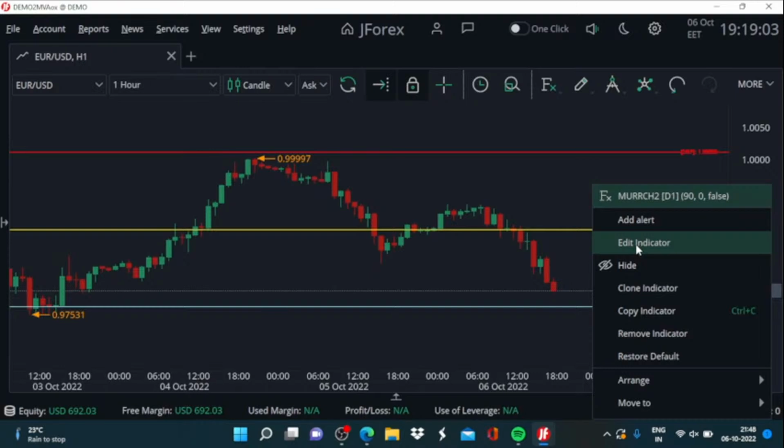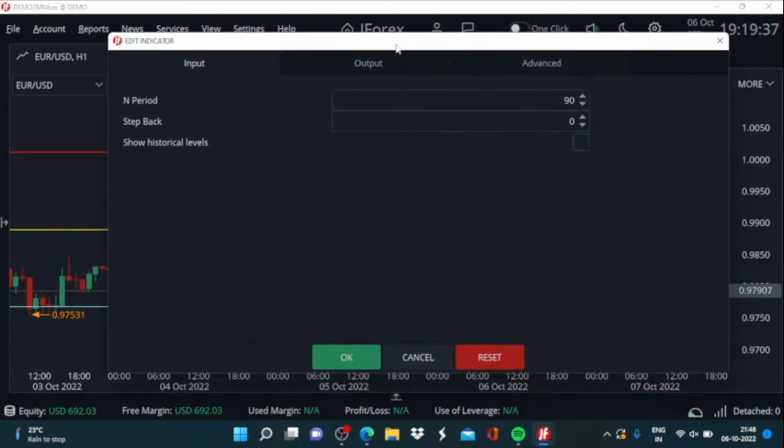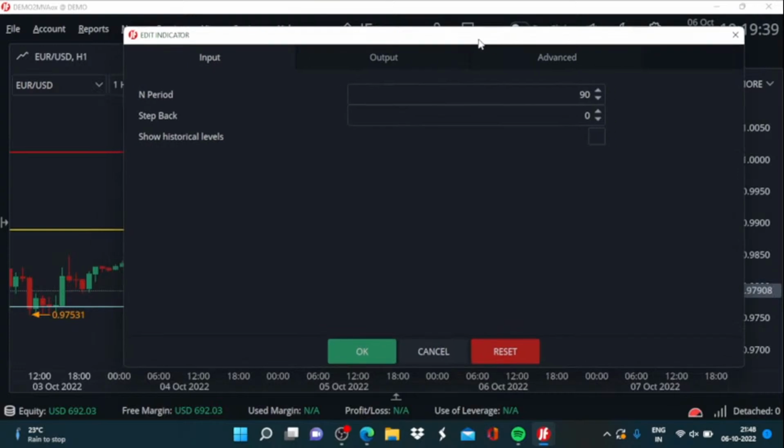All right, and as it appears here, we don't really have that option. All we can do is vary its calculation period, the end period.